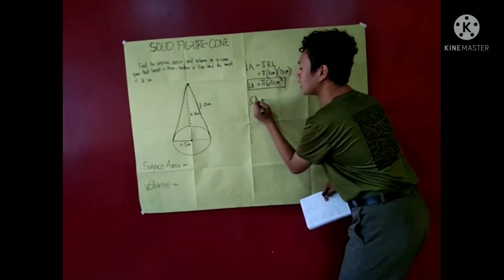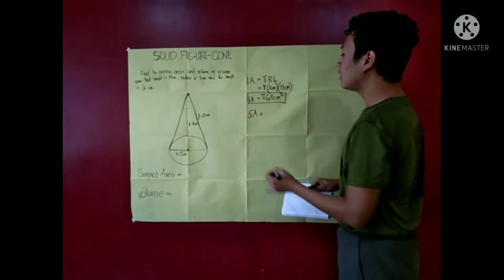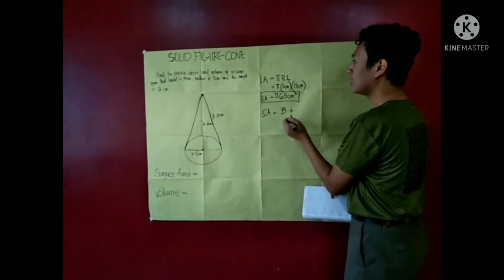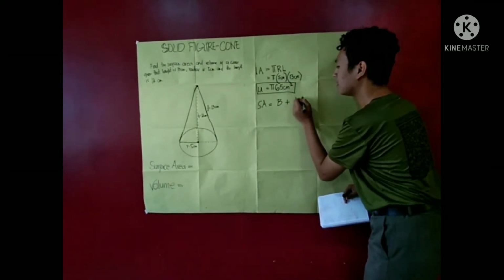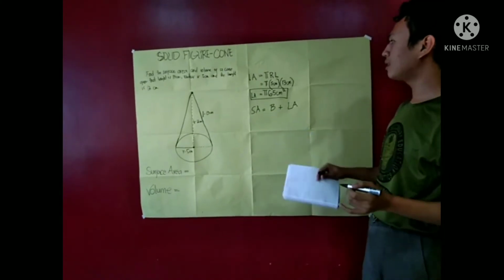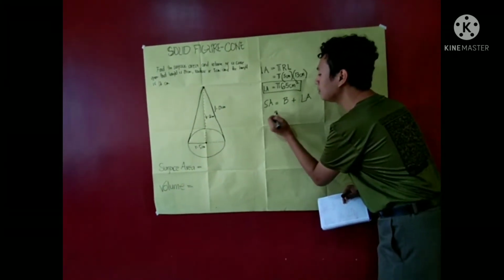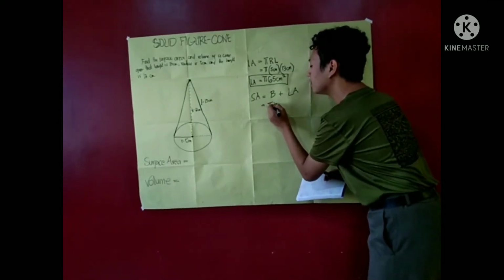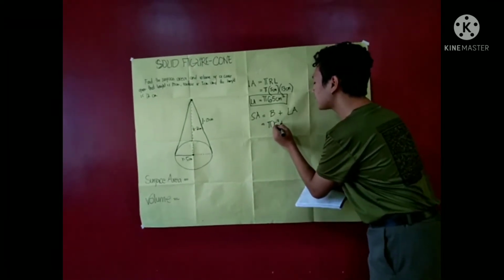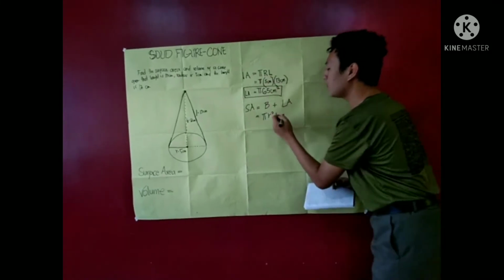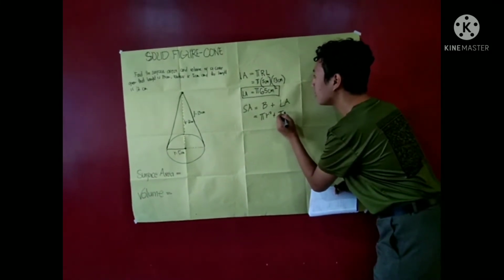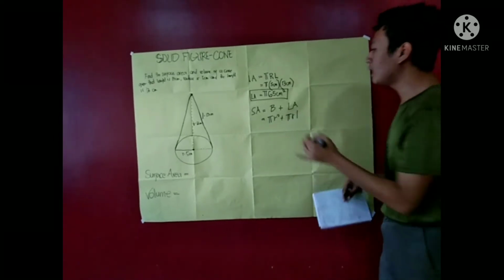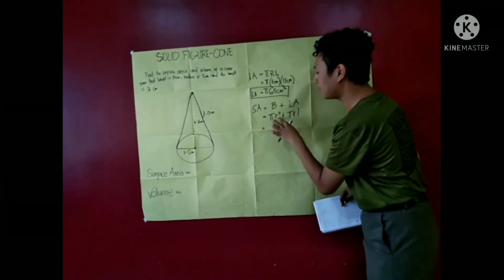SA is equal to the base plus our LA, which is equal to pi r squared plus our LA, which is pi RL.